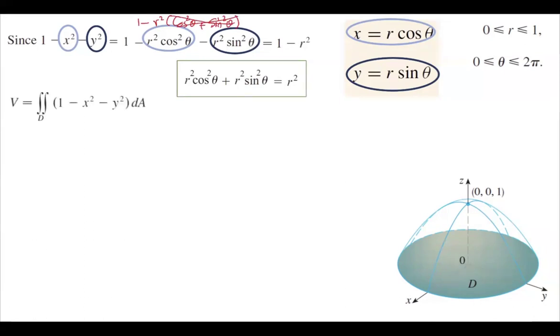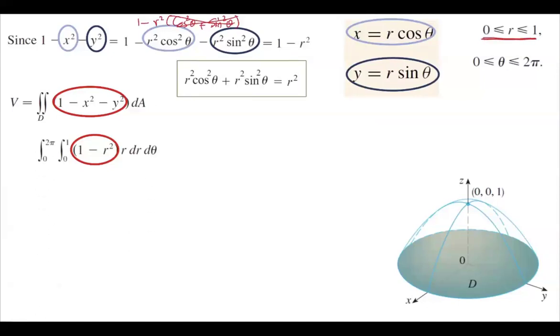Now the volume is the double integral of 1 minus x squared minus y squared dA, which is 1 minus r squared. We just did the simplification up there. And for dA, we have r dr d theta, and r ranges between 0 and 1, as you saw just right here.